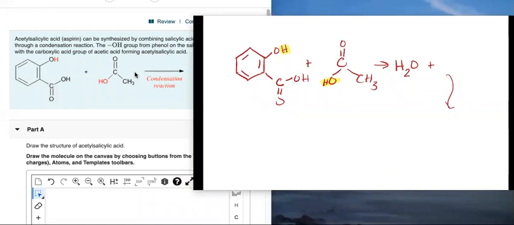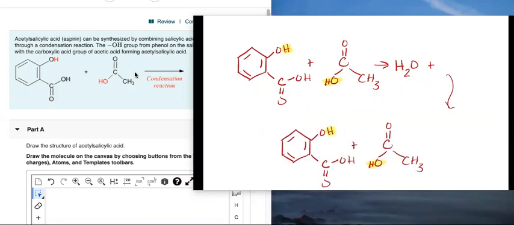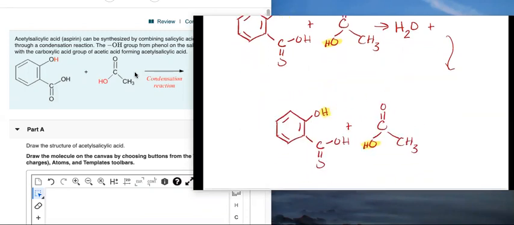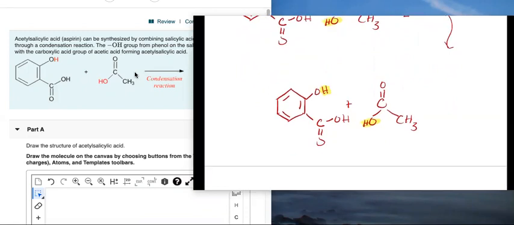So what I'm going to do is copy this and paste it. Let's manipulate this. If I get rid of this oxygen and hydrogen right here, and I get rid of this hydrogen, because those are the things that come together, what's going to happen?